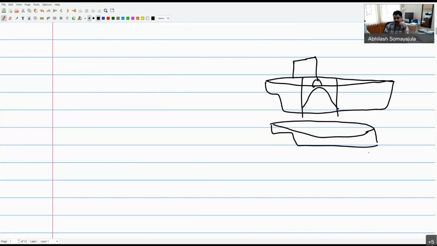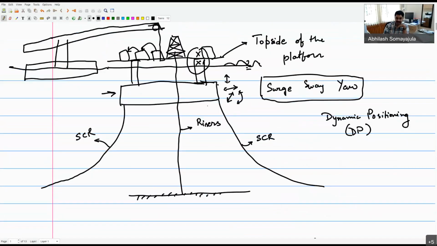These are other operations which you typically see. You don't want to see a relative motion when the crane is putting it down on the other ship. Similarly, in dynamic positioning operations, you may have an offshore platform which is operating, and a ship which has come to offload some of the things it has been carrying.